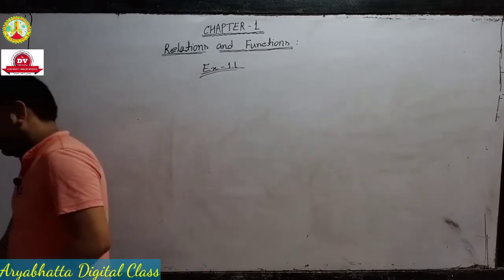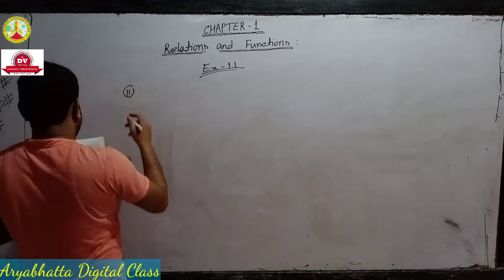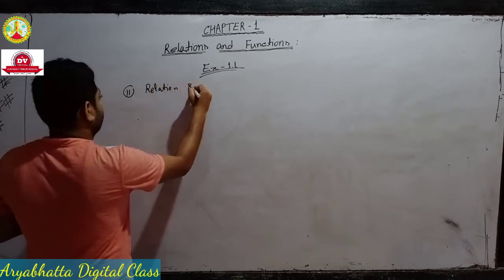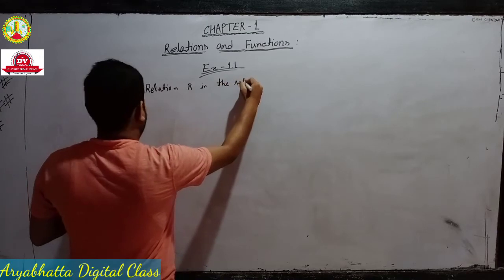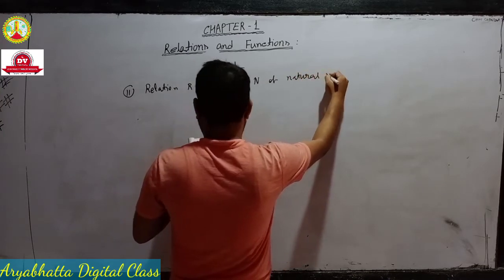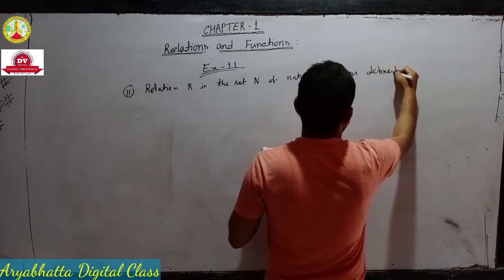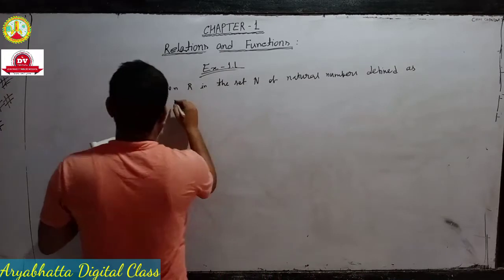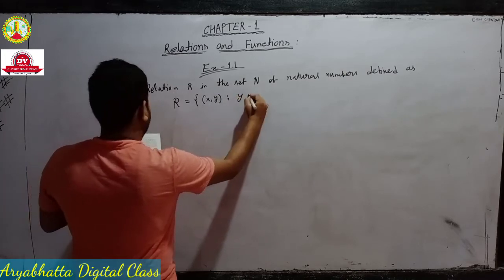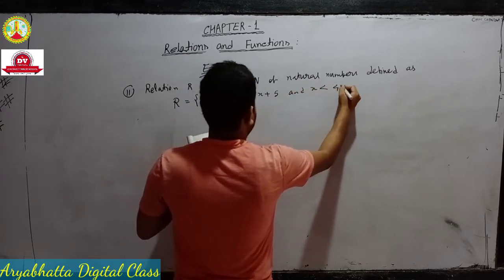Next, Roman number 2. Relation R in the set N of natural numbers is defined as R equal to the ordered pairs (x, y) such that y equals x plus 5 and x is less than 4.